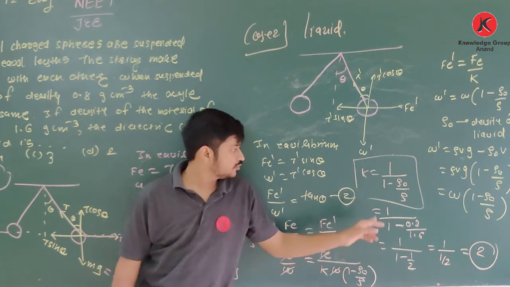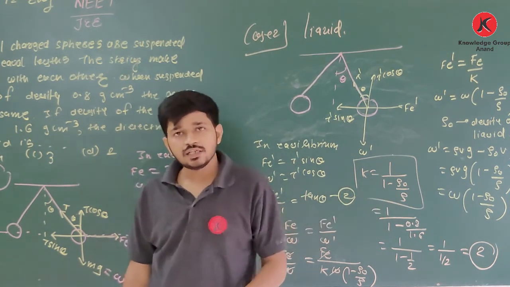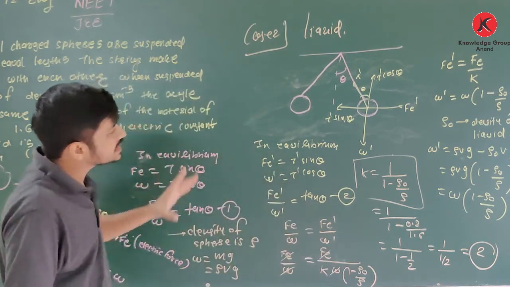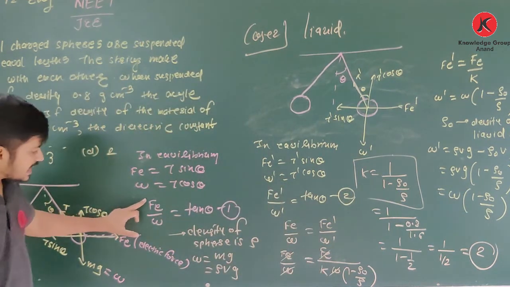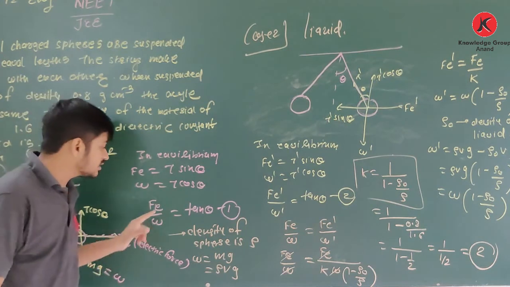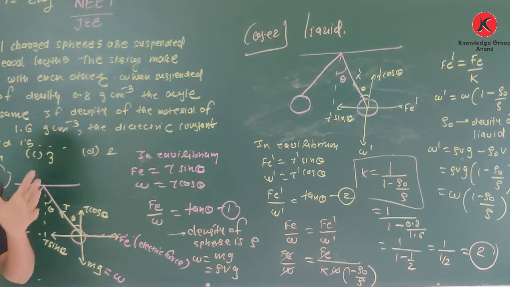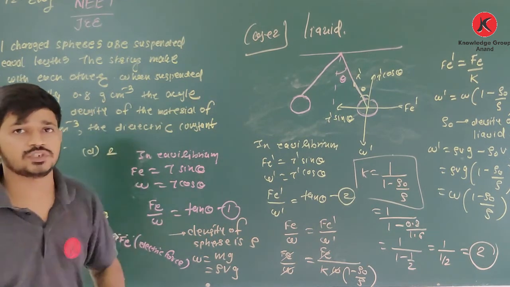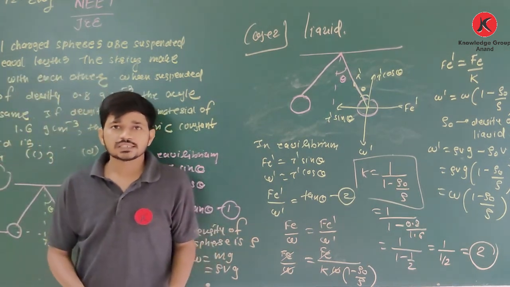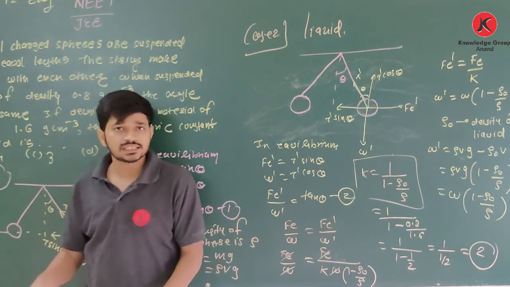If you remember this equation, then you can solve such questions easily. And this figure and this equation, Fe upon W is equal to tan theta, you have to remember, because from this case there are other questions that you can solve with the help of this equation. Clear? So under electrostatics, this is it for today.